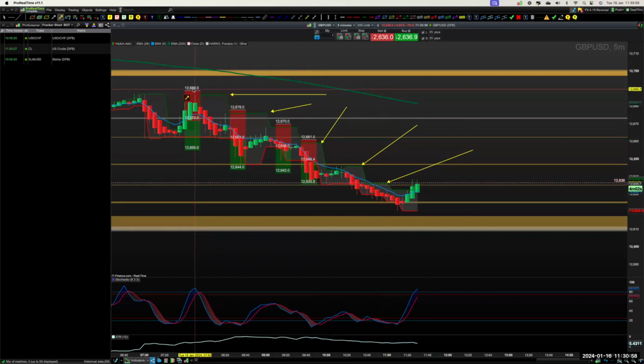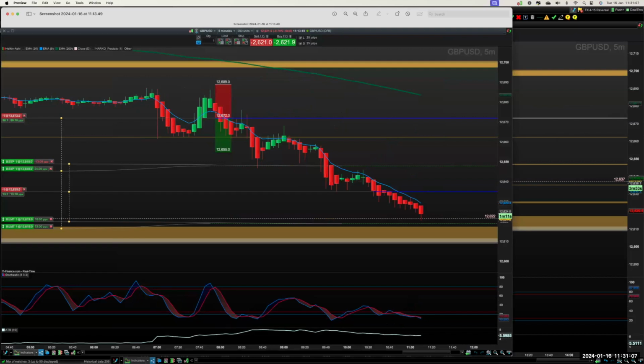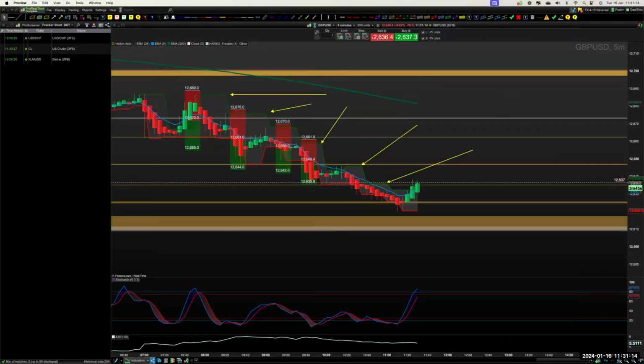So as you noticed that I did here, I did put my reversal here. So as I'm coming down, my stops were progressively getting moved down on the top of this fractal reversal.